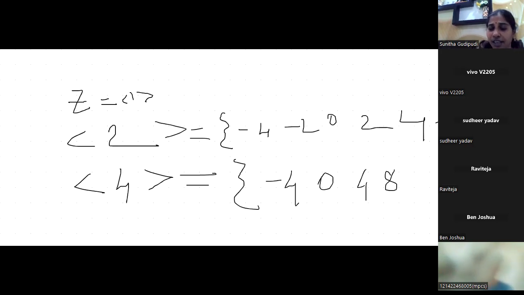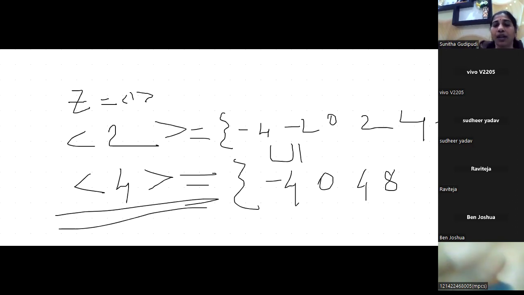Now, if we see, this set is a subset of this particular set. So the ideal generated by 4 is a subset of the ideal generated by 2, we can say. So the ideal generated by 4 is contained in this particular ideal.